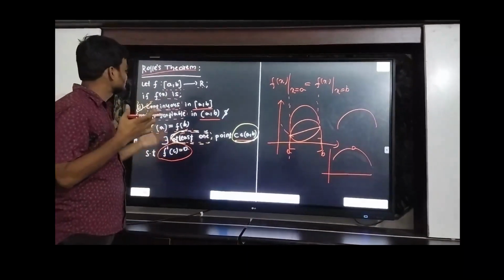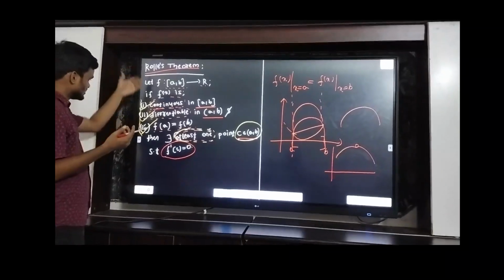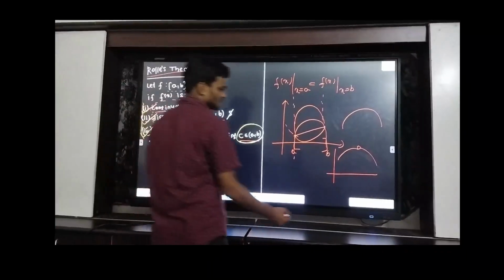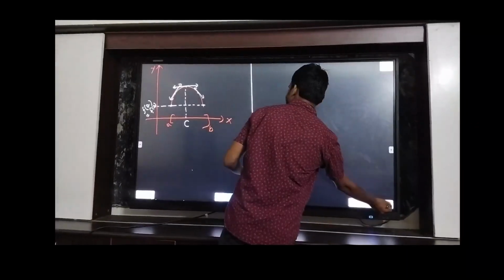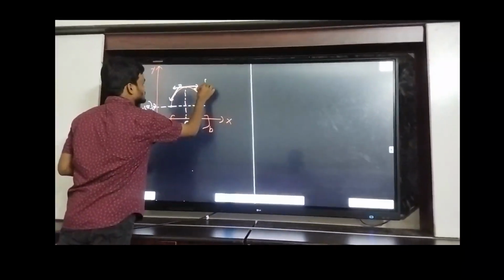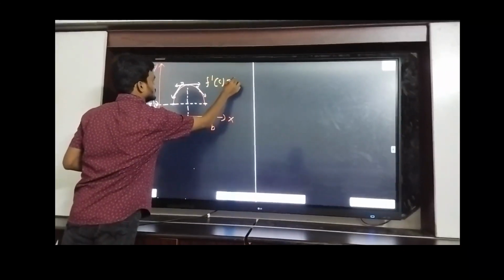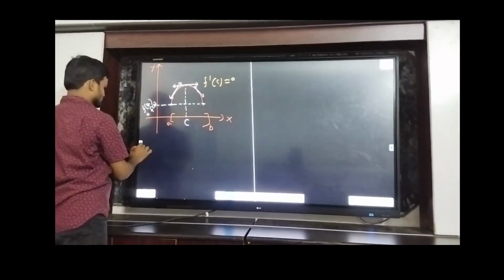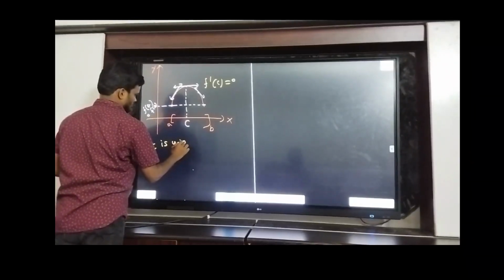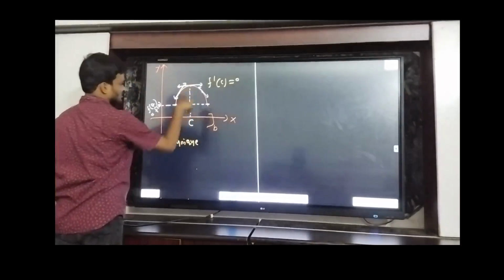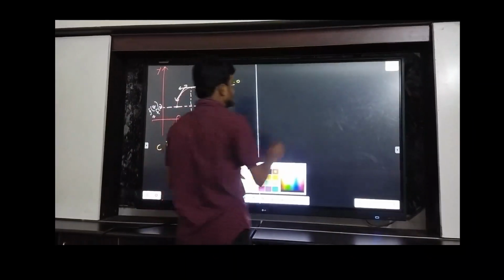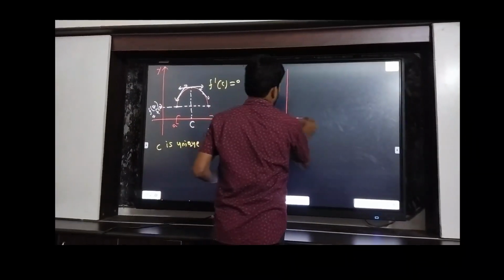Is there any case where these three conditions satisfy and more than one C exists? Let's observe maybe. Okay, here exactly one C exists, right? C is unique here, right? Unique in the sense only one C, so that f dash C equal to 0. Suppose graph is like this.